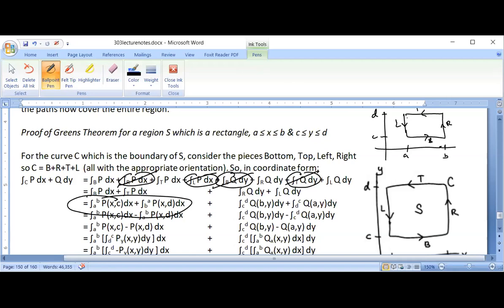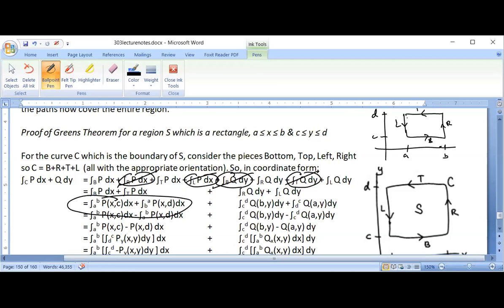Now something else weird happens, which is that because of the way the integral is set up, in order to make it the integral from c to d, there winds up being a negative in front. And that just happens if you keep track of which way things go, and the effect on the orientation.